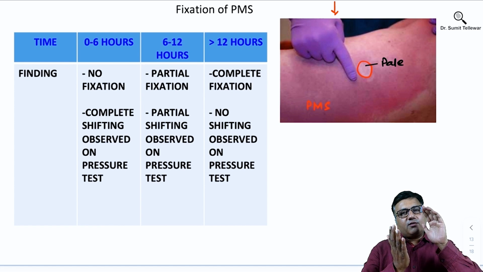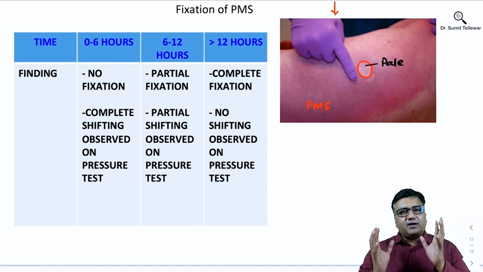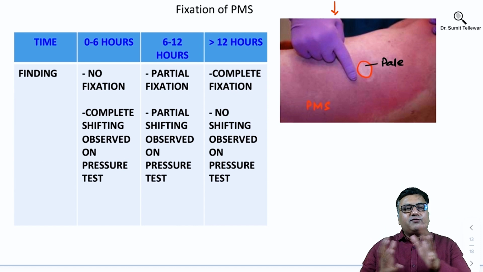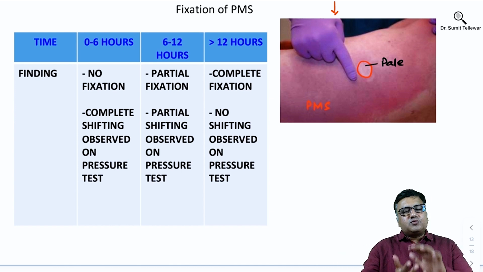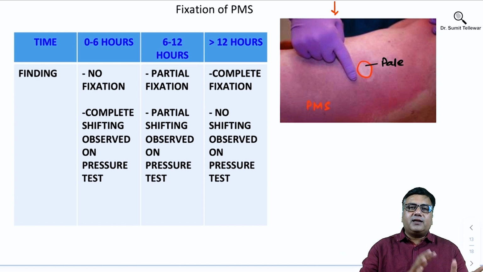This concept is called fixing of post-mortem staining. Once the post-mortem staining develops at the dependent part of the body after death, and if the body remains in that position for a certain number of hours, the post-mortem staining starts to get fixed to that area.